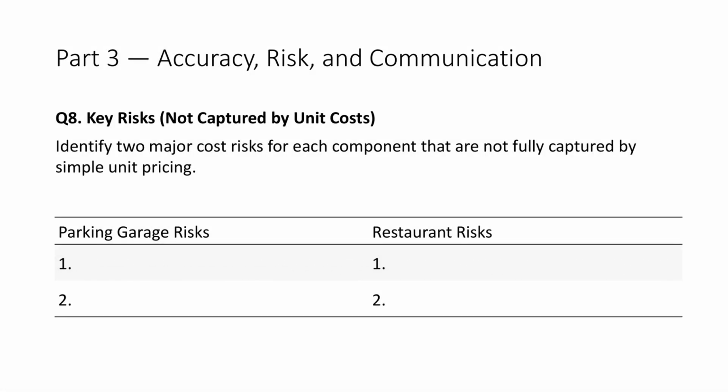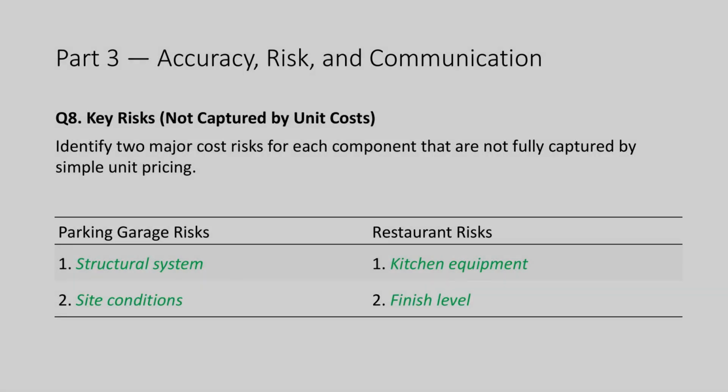Question 8. Identify two major cost risks for each component that are not fully captured by simple unit pricing. Unit costs are helpful, but they hide important risks. For the parking garage, two major uncertainties often sit outside simple unit pricing.